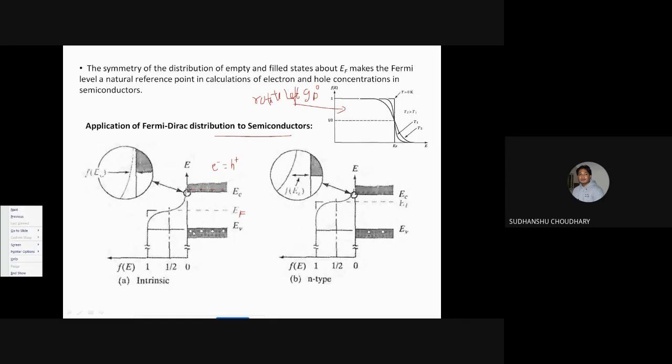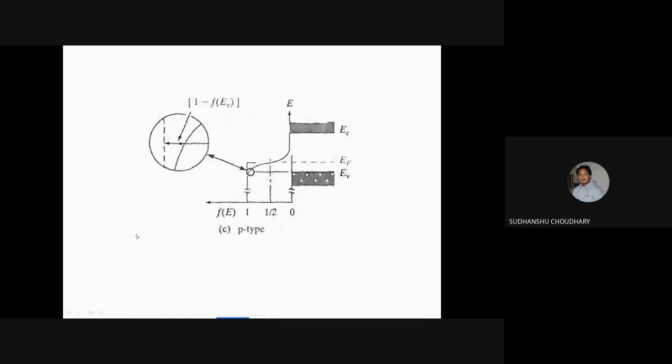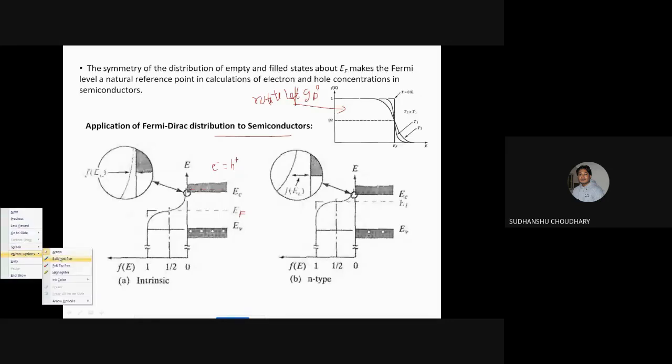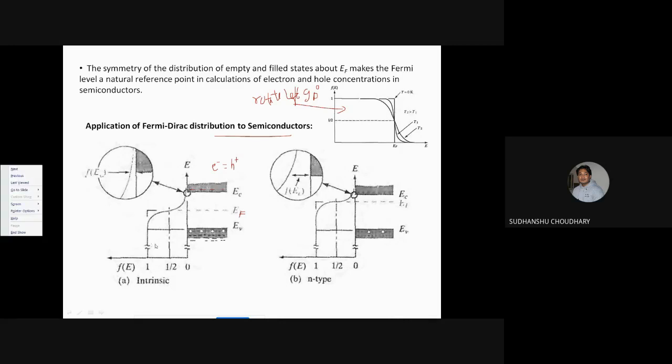Now again, the holes will be present only near the edge of the valence band. I have already said that lower energy states are filled with electrons. So you have electrons here in the lower energy states. In the lower energy states, you cannot have holes. Why can you not have holes?